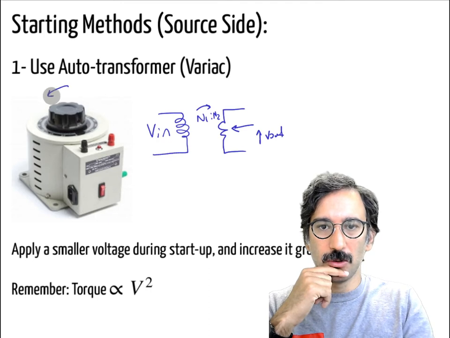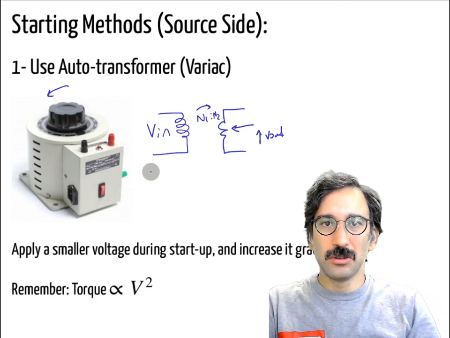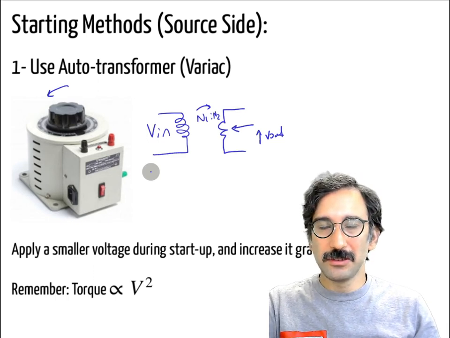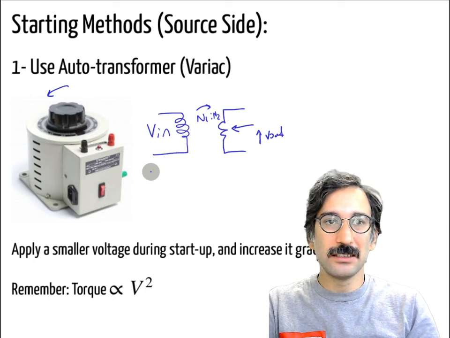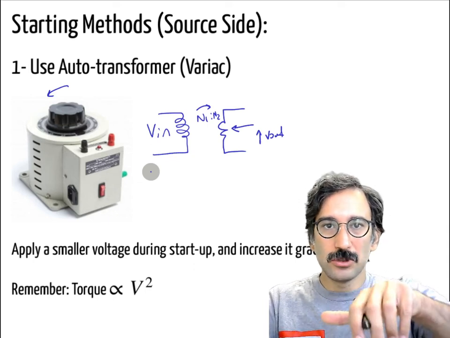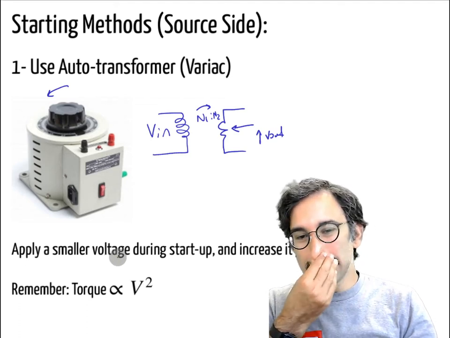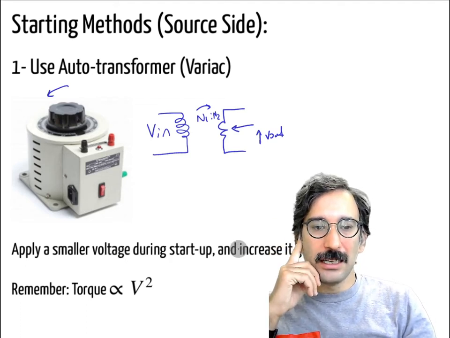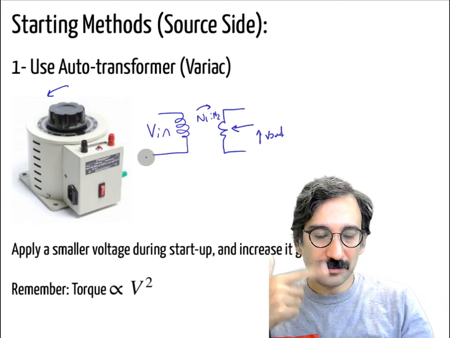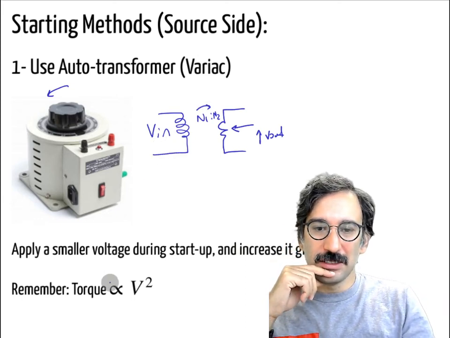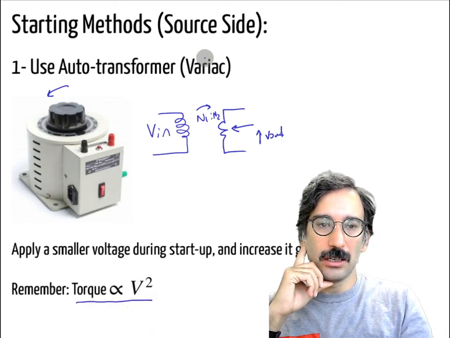You rotate that knob, and instead of generating 230 volts, you can get 50 volts AC at 50 hertz, or 10 volts AC, or 100 volts AC. Then you change the turns ratio, and you can apply a smaller voltage during startup and increase it as the machine speed increases. Remember, the torque was proportional to V square. Why?